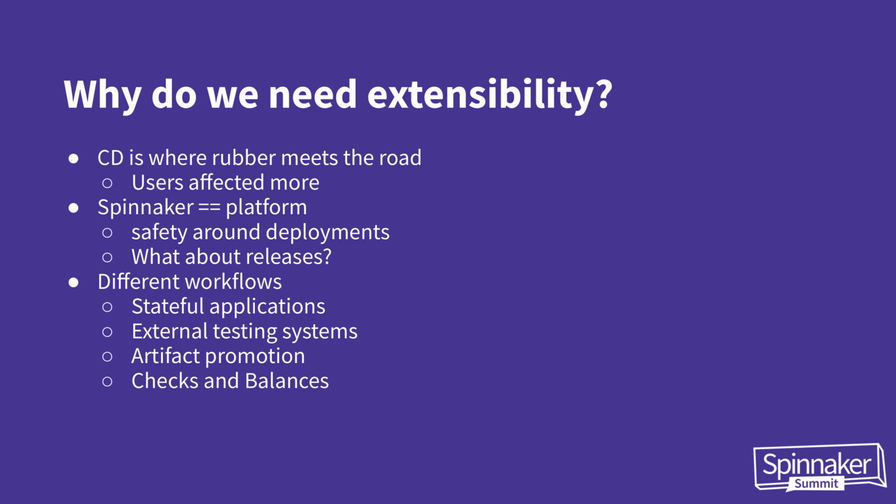If your build fails, if your test fails, you're not really affecting anybody who's paying you. You're affecting people that you pay because they're trying to work on those systems, but the people who are using the systems and getting value from them are not affected. Software delivery, continuous deployment, on the other hand, if you have a bad deployment, a lot of people are going to know. So being able to extend your tools to help you have better deployments is really critical.